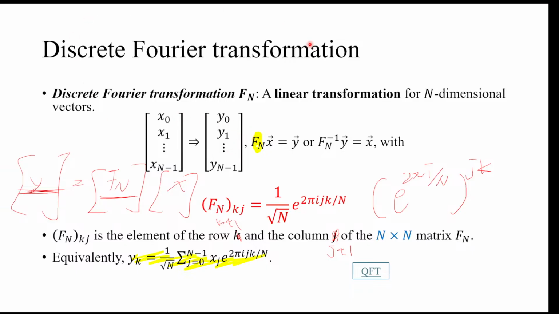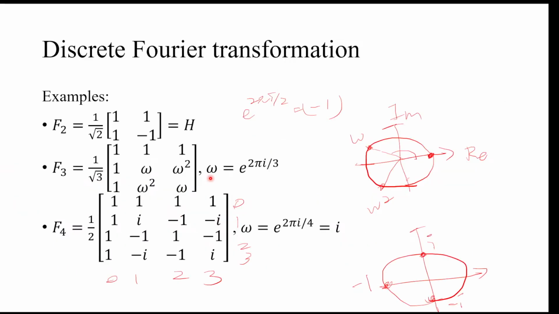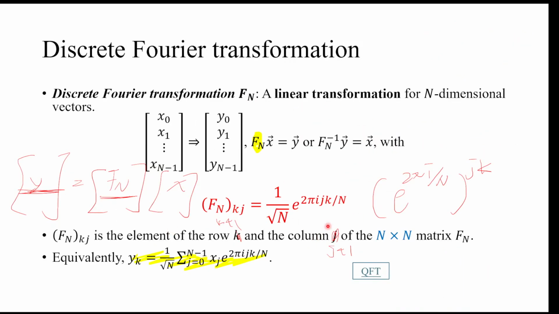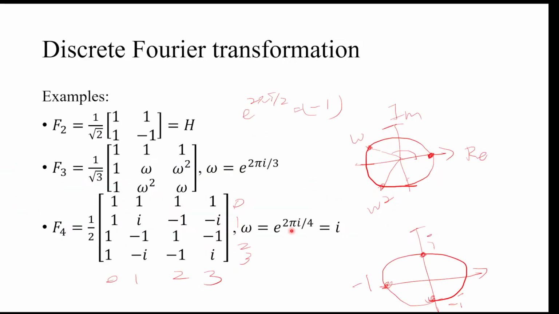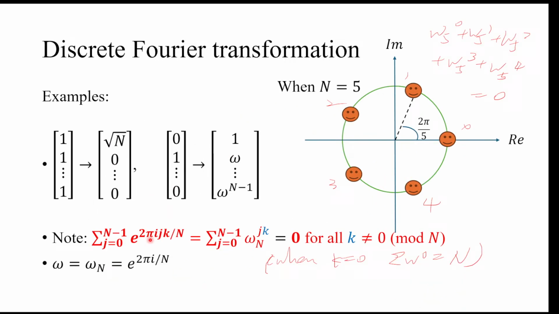We are taking the classical discrete Fourier transform, which is multiplying by a matrix like this, where the matrix elements are e to the ijk divided by n, times 1 over square root n. These discrete Fourier transform matrices are actually unitary.